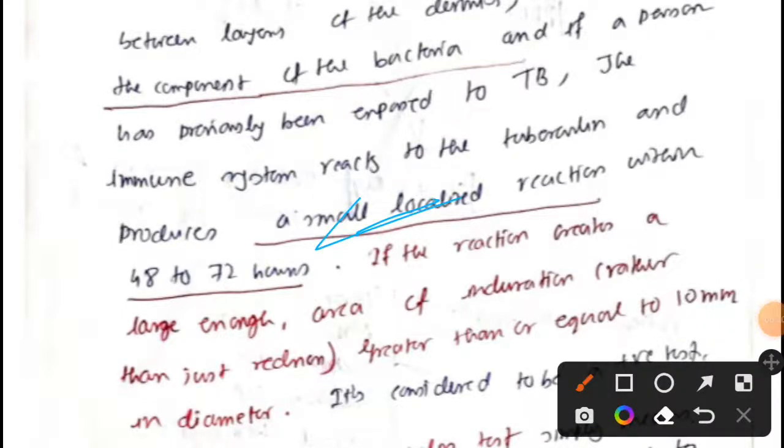If you are a TB positive patient, you will develop a small localized reaction, and if you are Mycobacterium tuberculosis negative, you will also develop a small localized reaction. So what is the difference? Why do we perform this test?